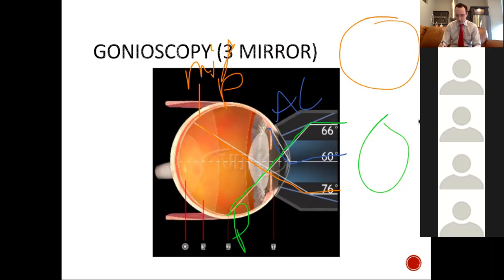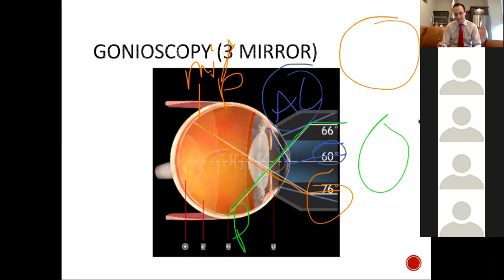And so we know that if we are shown the mid-peripheral hemes, okay, we're going to be using the 76-degree mirror, right? If we want to view the neo in the AC, we're going to be using the 60-degree mirror, right?